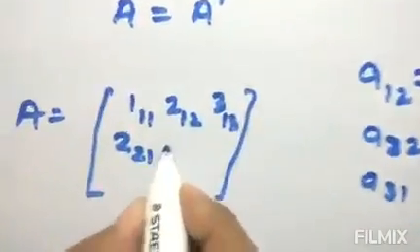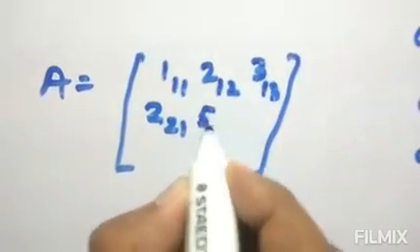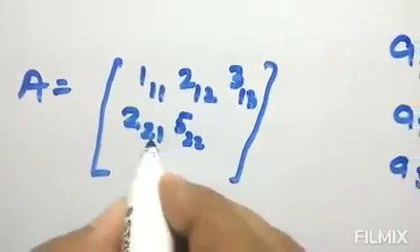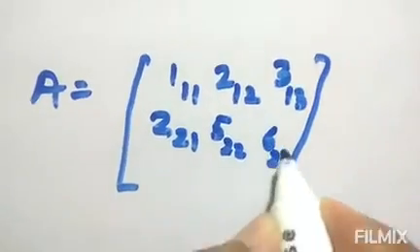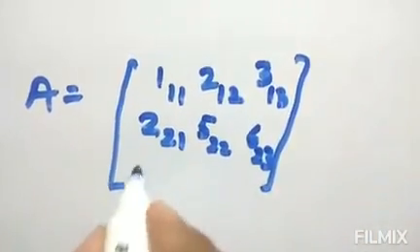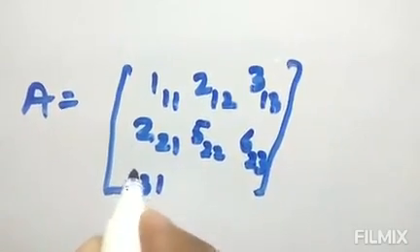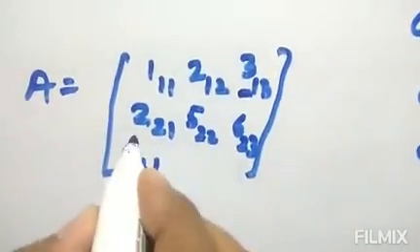So here, suppose 5 2 2, then here 2 1, 2 2 and 2 3. So here 31 equals to 13, means this and this are equal, so 3.